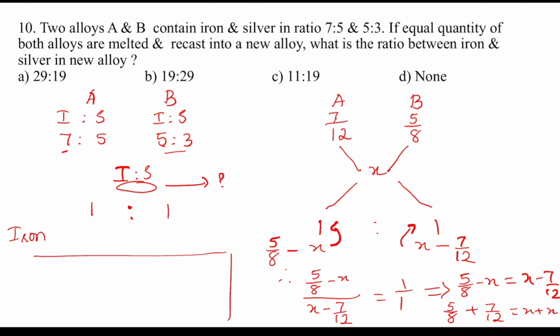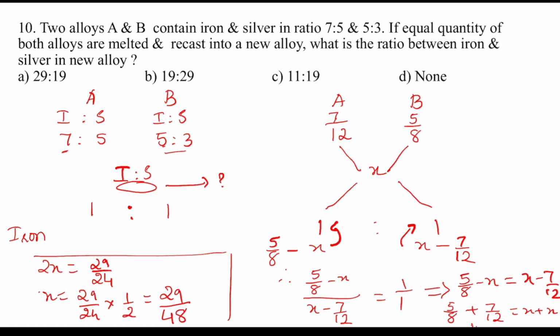Therefore 2X is equal to, if you solve this, you will get 29/24. Therefore, X is how much? 29/24 into 1/2, which is equal to 29/48. Okay, so X we got as 29/48.